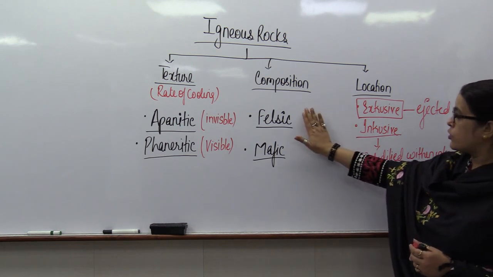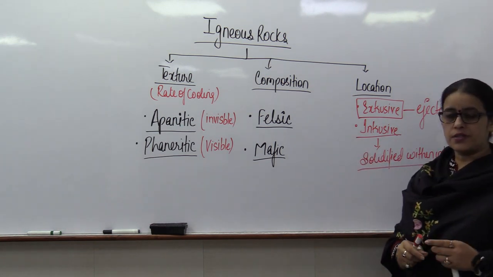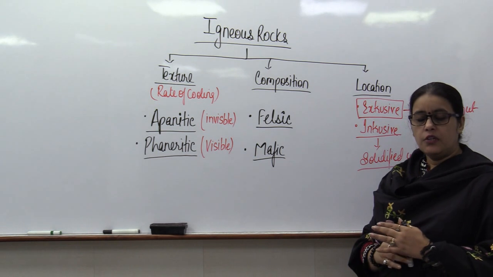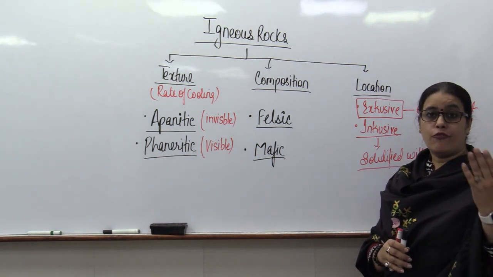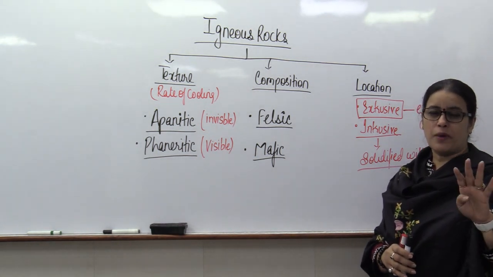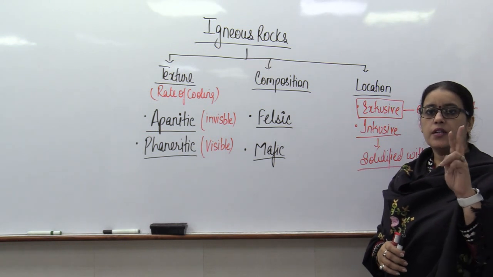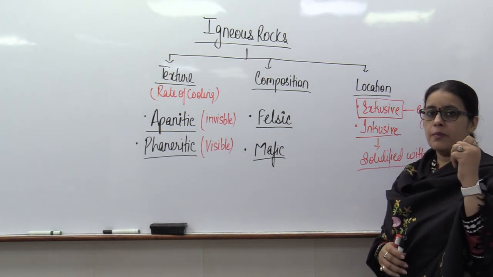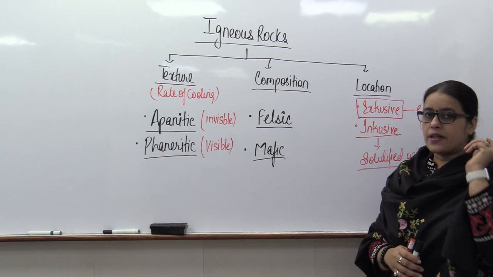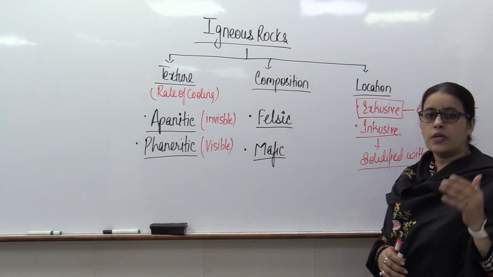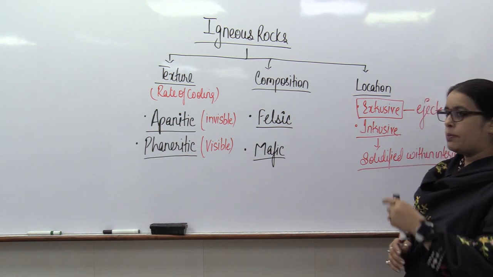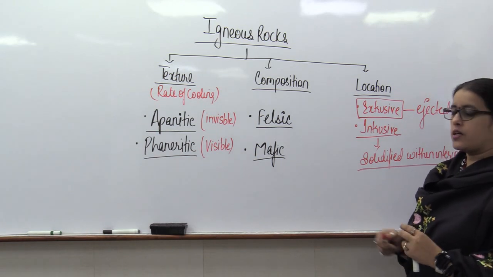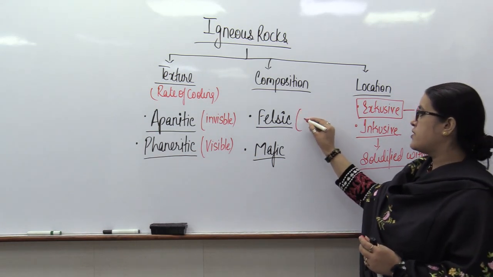No, I can also have composition-based demarcation. Geologically, we believe in actually four types of composition of magma: felsic, intermediate, mafic, and ultramafic. When I take the general categorization of igneous rocks in terms of their composition, we believe in two, which are felsic rocks, which are rich in silica.